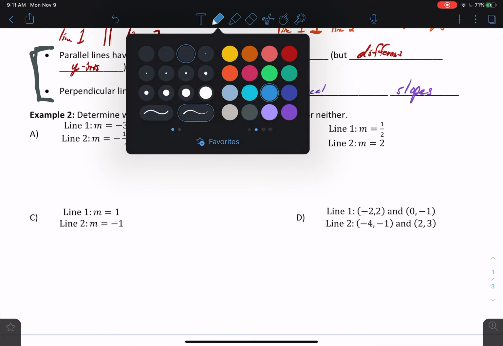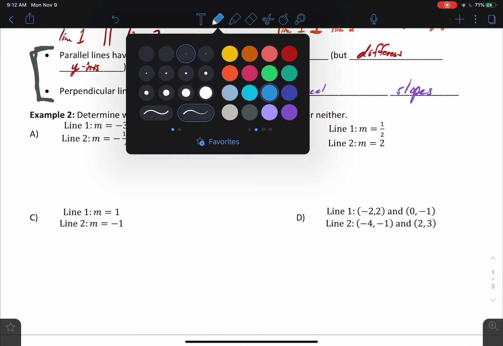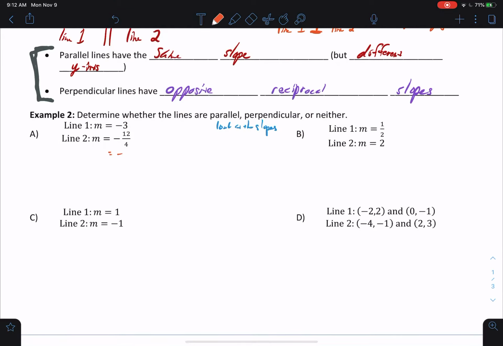So in order to do this, we need to look at the slopes. All right, so in line 1, I have the slope is negative 3. Line 2, the slope is negative 12/4. Well, negative 12 divided by 4 is negative 3. So these are the same slope.